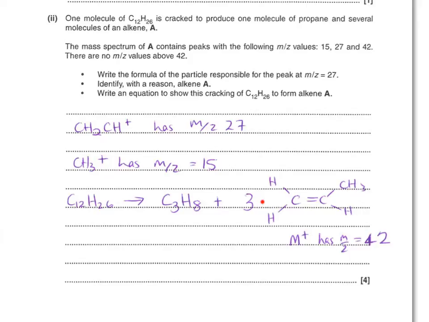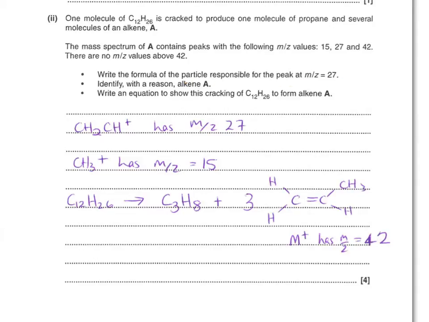If we add up 3 carbons and 6 hydrogens, the molecular ion peak would indeed have a mass of 42, so that's some evidence to suggest that our alkene is propene. Now, because we've been given the mass to charge ratios of some other fragments of this mass spectrum, we should really talk about what they might represent, and we're specifically asked about the one at 27 here.